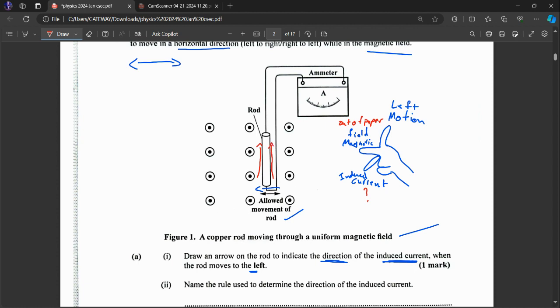You just need one arrow. You don't need two arrows. So that's the induced current, and then it says name the rule used to determine the direction of the induced current.